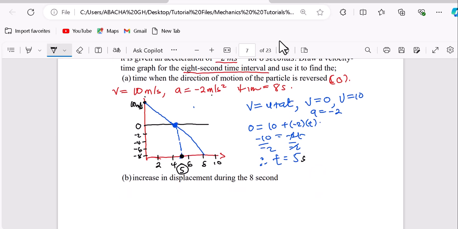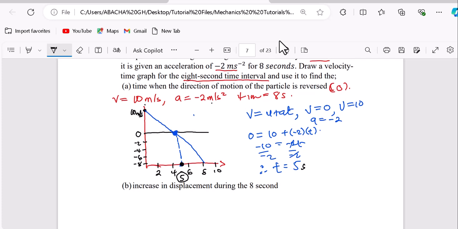Now they are saying that we should calculate the increase in displacement during the 8 seconds. We know that the total time used there is 8. That's why I drew this graph to this point. So if here is 5, then the remaining time left is 3.